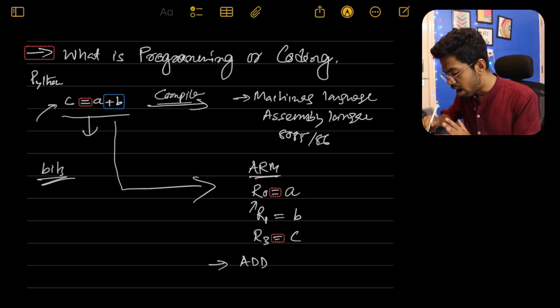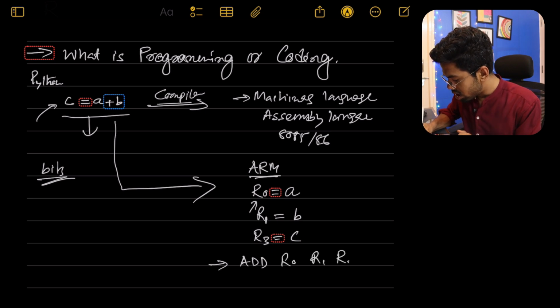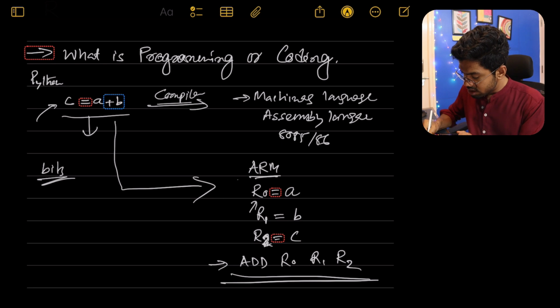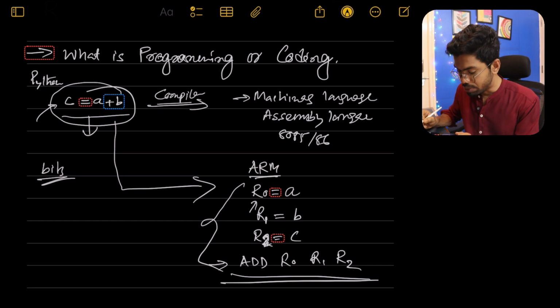This is from the ARM, or you can say RISC, perspective. So I'll say add R0, R1, R2. This is the line of code, and these lines of code will help you execute C equal to A plus B.